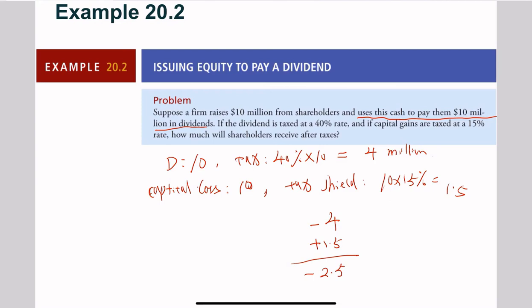Essentially, this problem tells you that if the firm first raises $10 million from shareholders, then pays out this $10 million to shareholders, through this process shareholders will lose $2.5 million simply because of the tax rate difference between dividend and capital gain. Right?